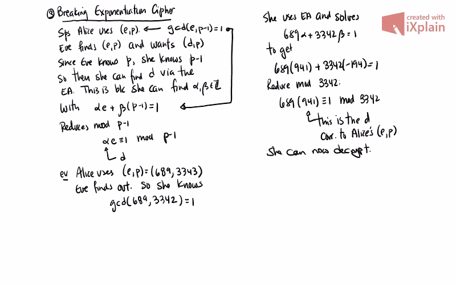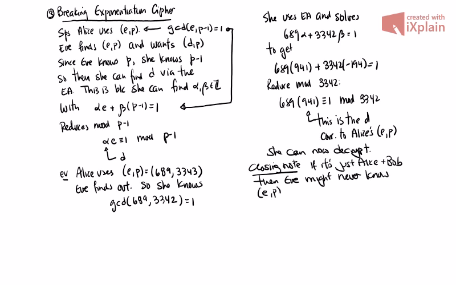So just a closing note. She can decrypt basically anything that Alice sends. So as a closing note, if this is just Alice and Bob, if Alice is sending things to Bob and that's it, and maybe Bob is sending them back, they can just share these, and Eve doesn't even need to know E comma P. If it's just Alice and Bob, then Eve might never know E comma P, and then it's no big deal.